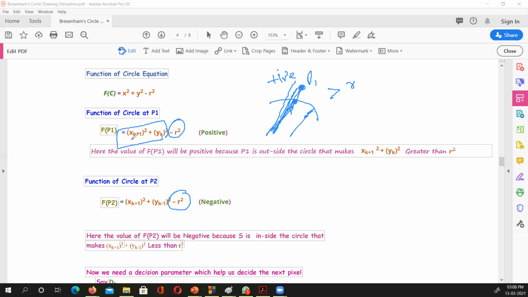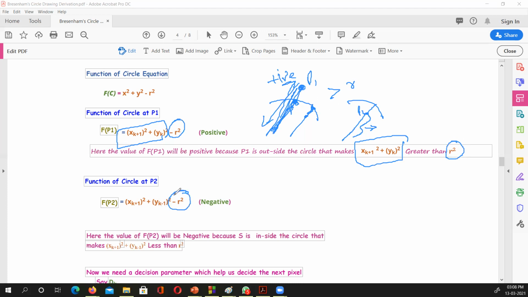So this x of k plus 1 whole square plus y of k whole square should be greater than r square, because the radius is smaller than the total distance. But in this case, the point lies inside the circle, so the distance up to P2 is smaller than the radius.